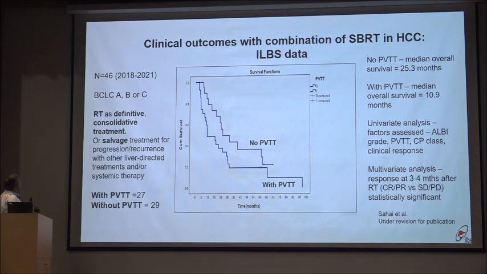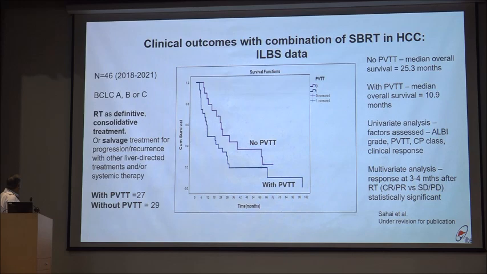This is data under publication in which we have used SBRT in combination, where there is no PVTT and with PVTT. RT was used as a definitive consolidative treatment or salvage treatment for progression or recurrence, with other liver-directed treatment and systemic therapy.